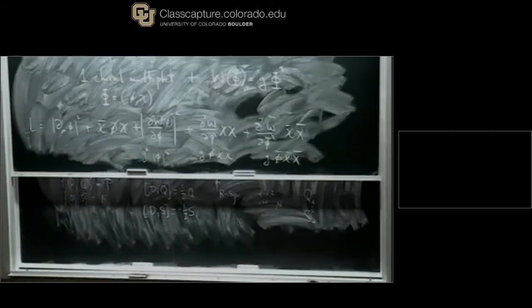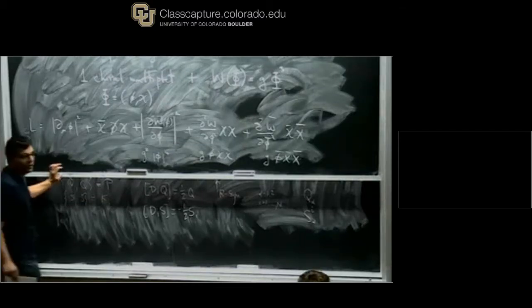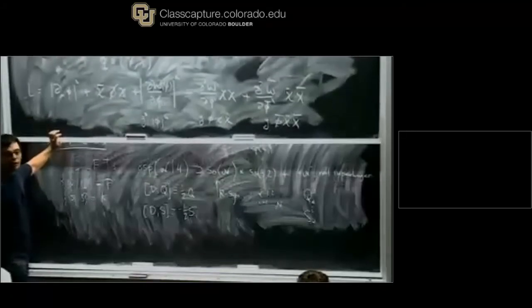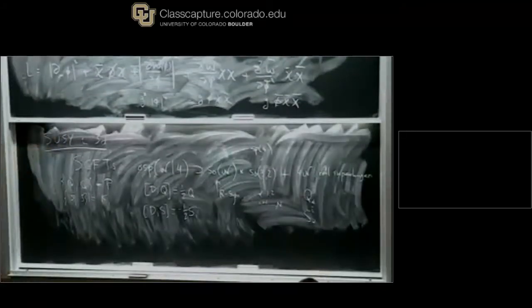So you can think of this model as the theory of one complex scalar, one complex fermion, with some interactions. And it flows in the infrared to a conformal fixed point, and it's actually a superconformal fixed point. It has supersymmetry, and actually the supersymmetry is preserved everywhere along the RG flow.